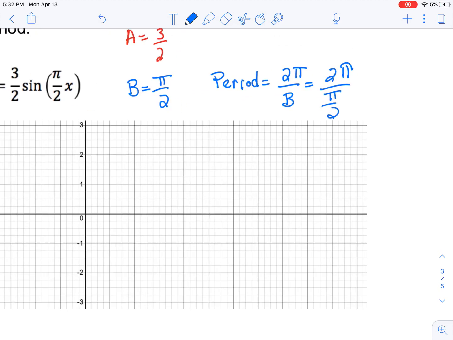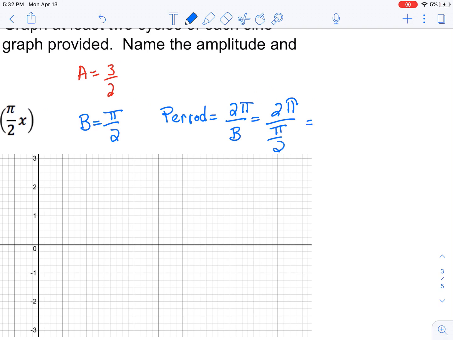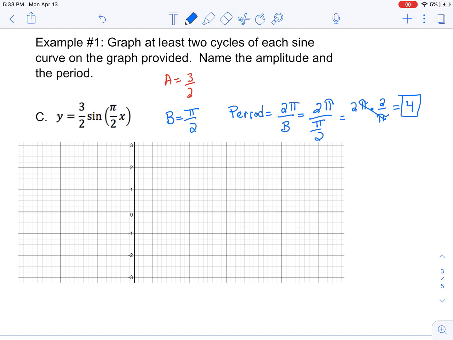So we don't want to leave it in this complex fraction. Really, this is saying divide it by, so I can say 2 pi times 2 over pi, right? Because I can say that's just really a division problem. My pi's cancel, and I end up with a period of 4.